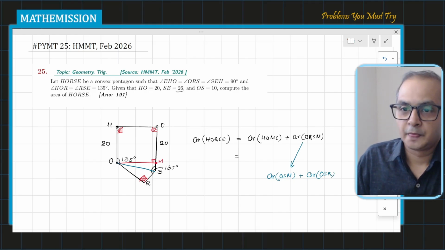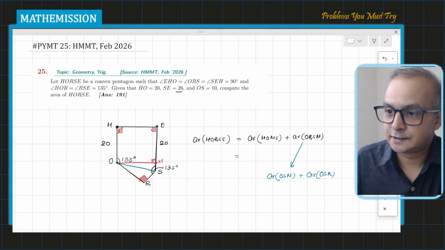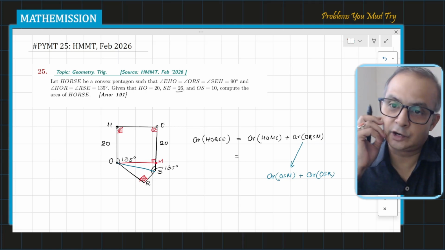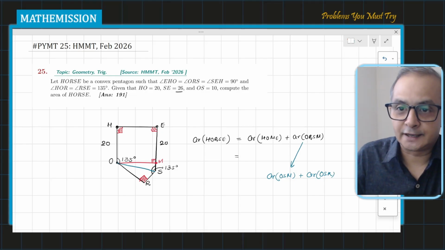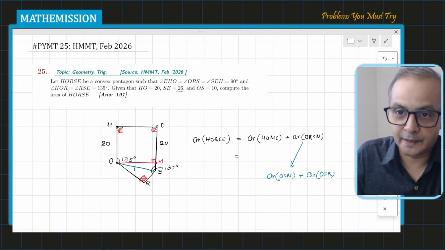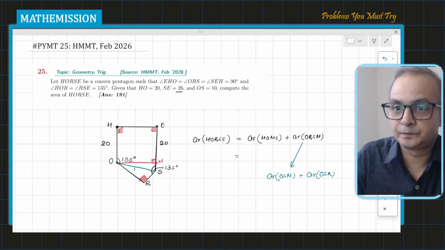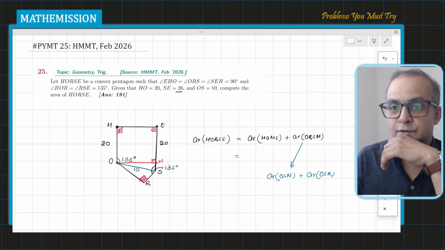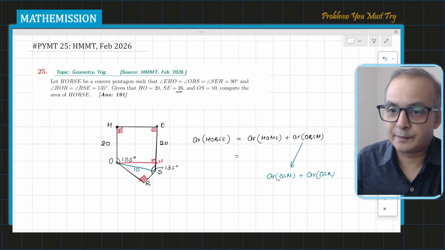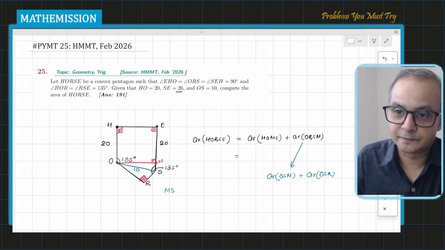All right. So is it helpful to find the length OM or the length HE? You notice that this length we already have: HO is 20, and OS is 10. How will this help to find this length? You notice that MS I have already as 6.